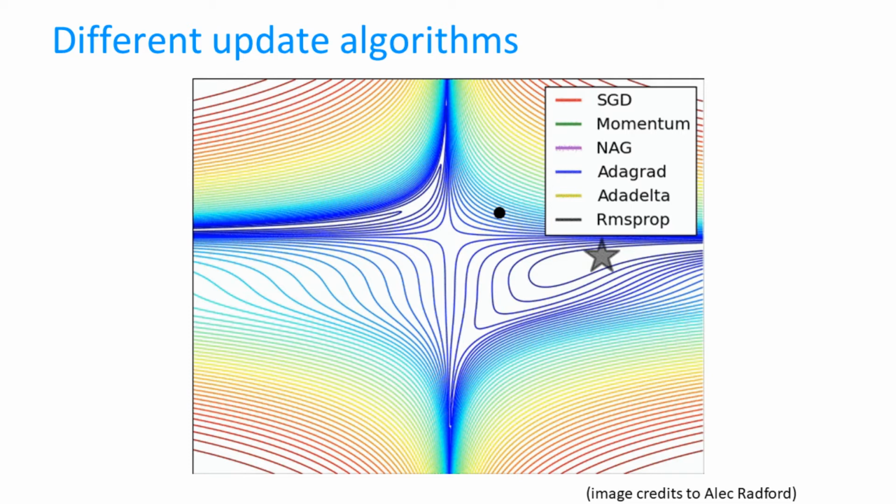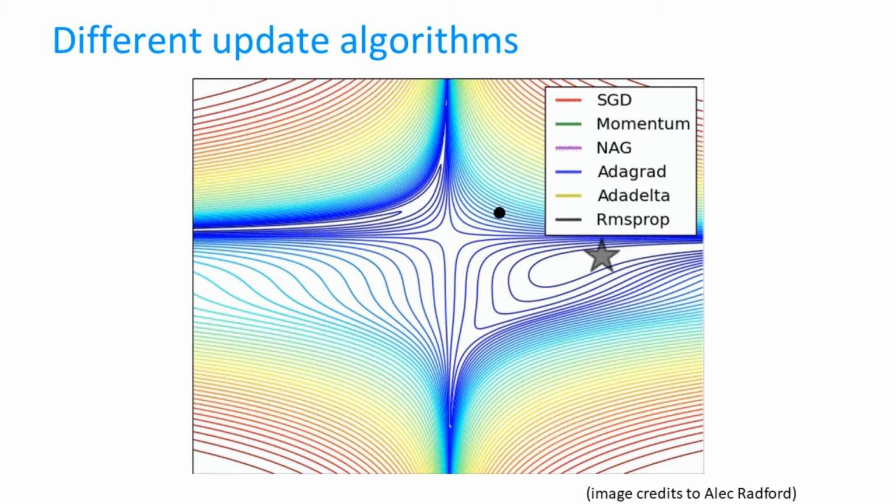Yeah, so noticing that yellow, blue, and black all seem to take pretty similar paths. I'll give you a hint, they are based on very similar algorithms, so that is why. Both purple and green are momentum-based optimizers, whereas yellow, blue, and black are what are called adaptive learning rate-based optimizers.